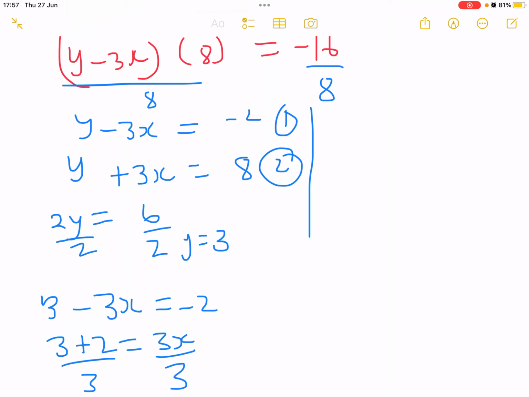One would have equated the two, made y the subject of the formula from here.